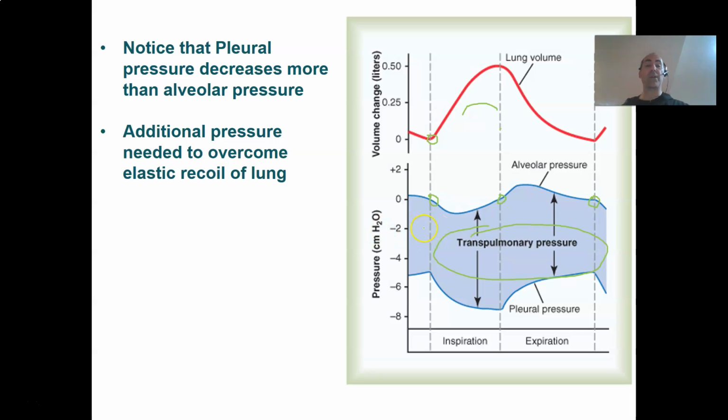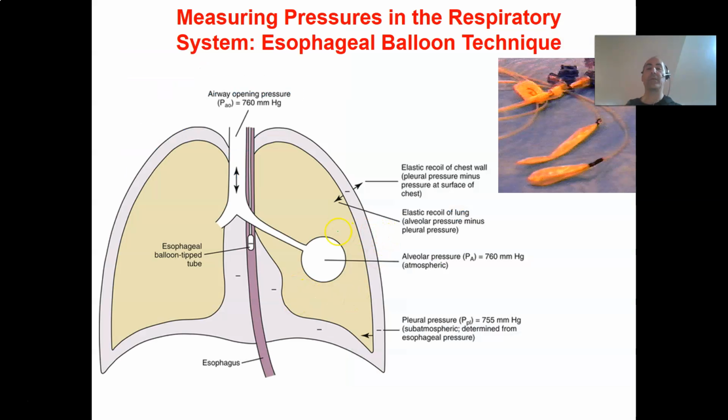And transpulmonary pressure is the relationship between alveolar pressure and pleural pressure. So we're going to show this to you mathematically. Let's move on to this, and then we'll talk about the mathematics in a few minutes.